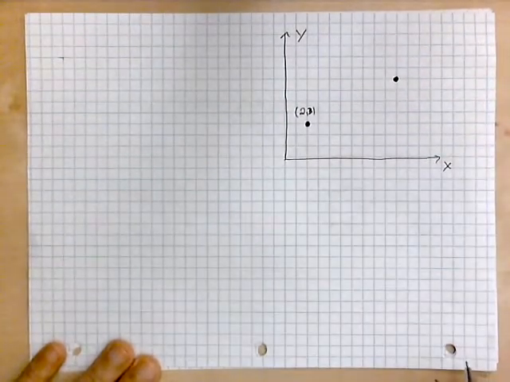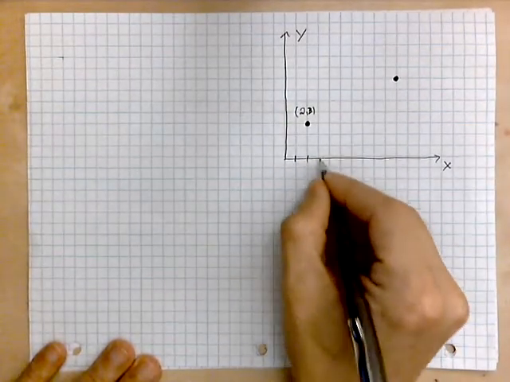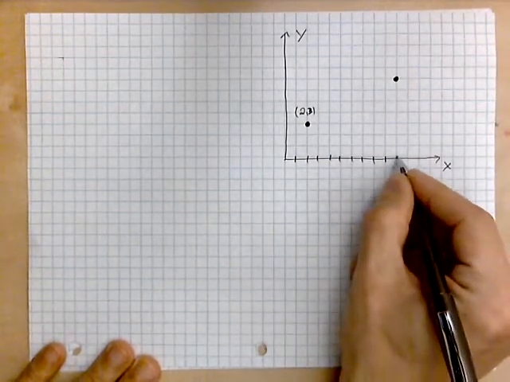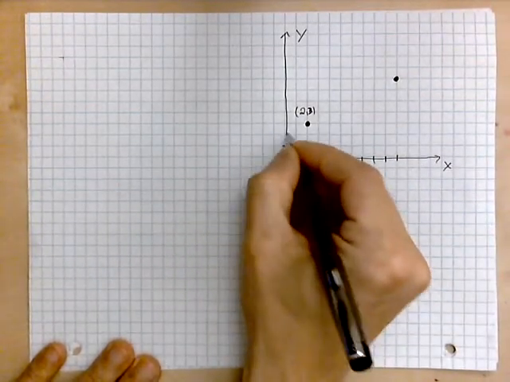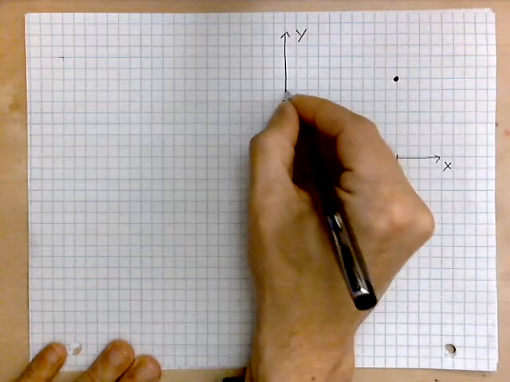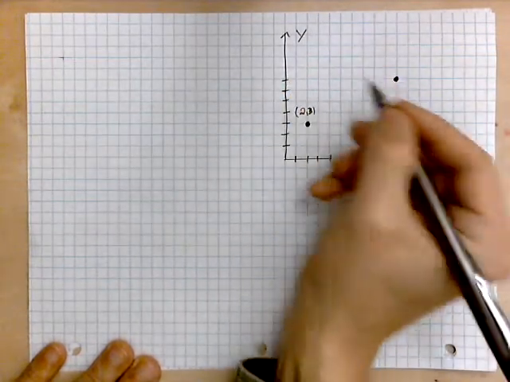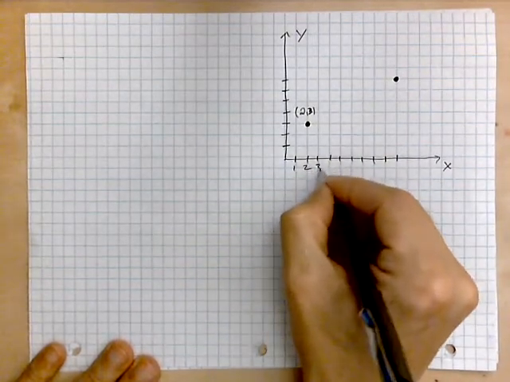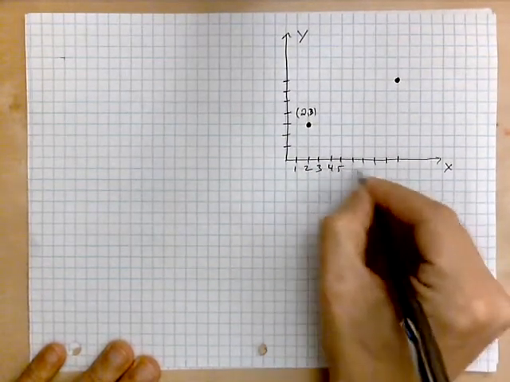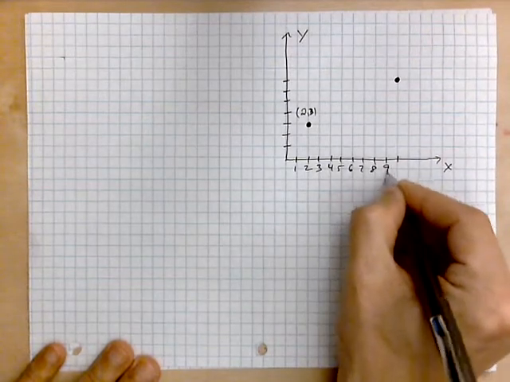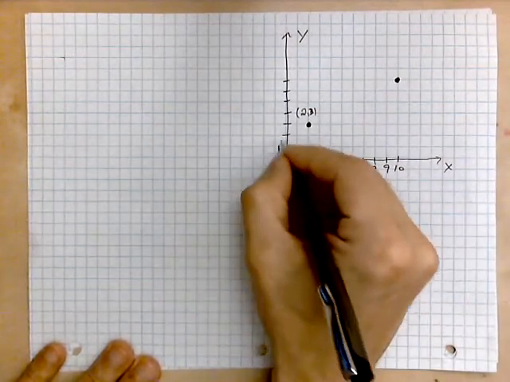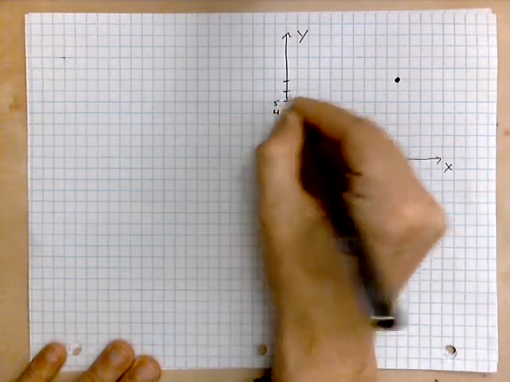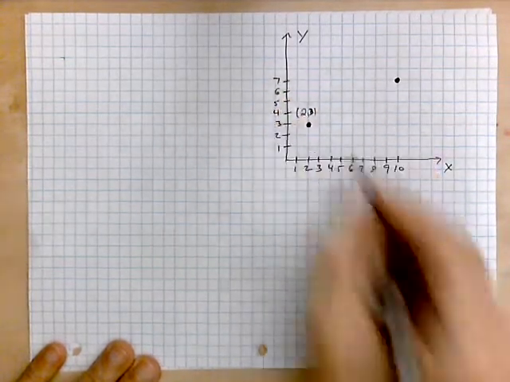And the coordinates of this point are, and let's count them now, 1, 2, 3, 4, 5, 6, 7, 8, 9, 10. And 1, 2, 3, 4, 5, 6, 7.